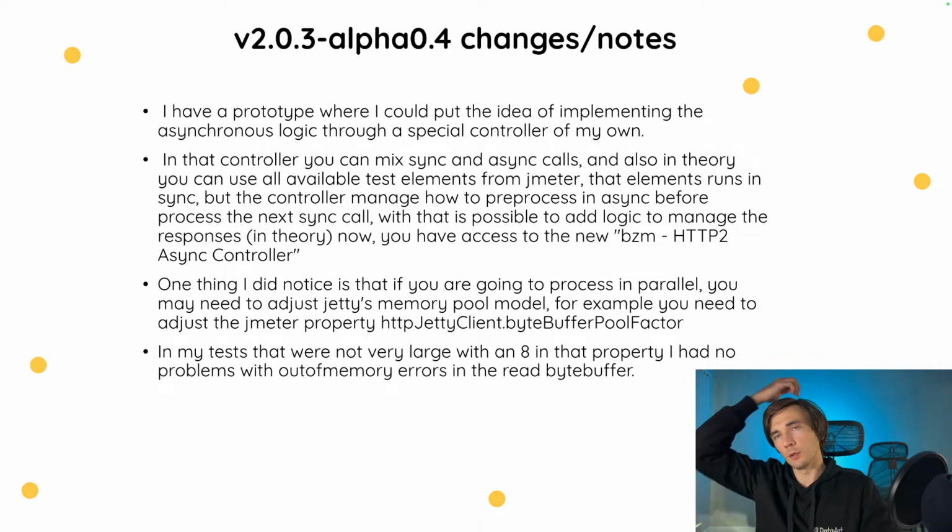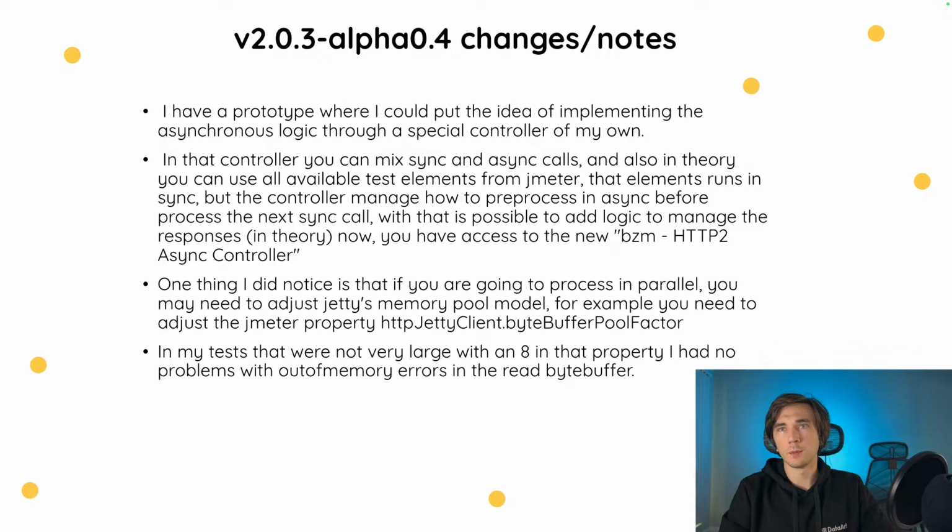So you might ask, what is the difference between the parallel controller and the HTTP2 Async Controller. It's a huge difference. First of all, because it uses a single connection. So it uses a single TCP connection and sends requests in parallel, like multiplexing them. So that's exactly how we want it to work.